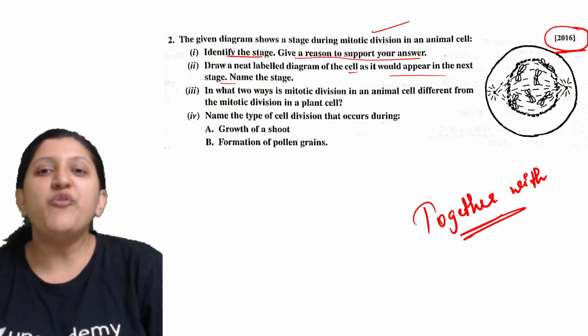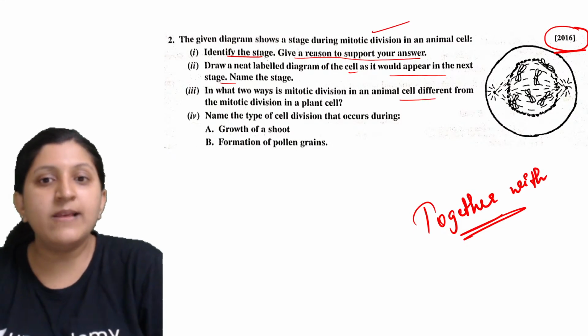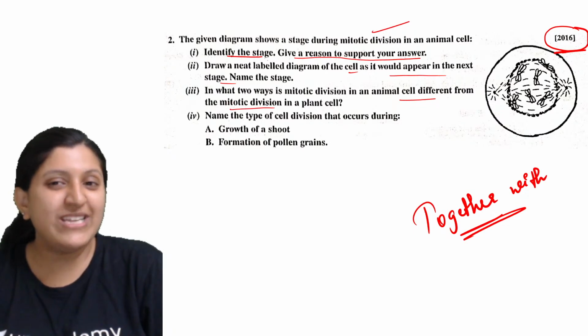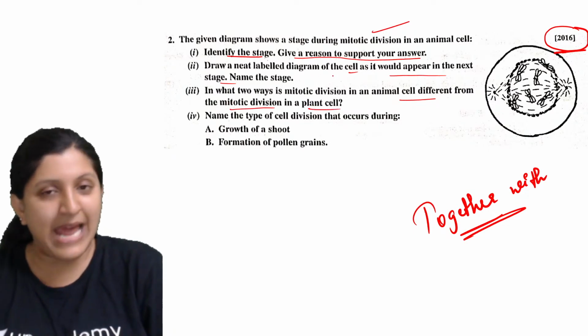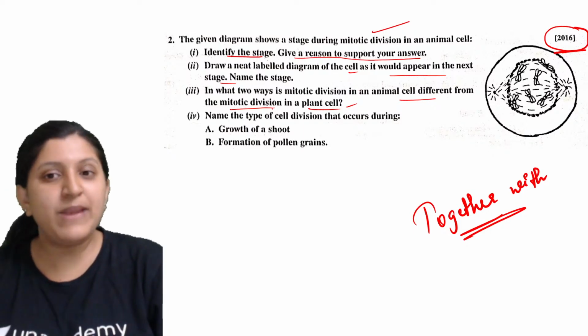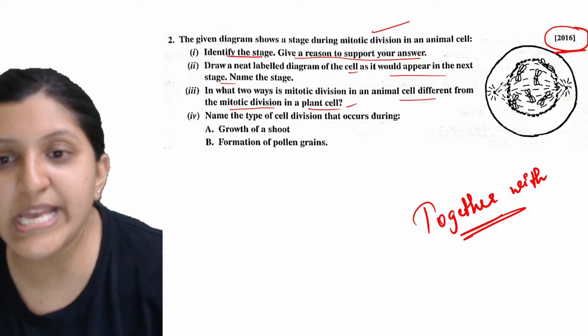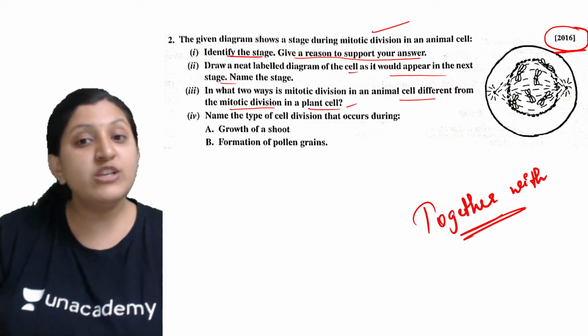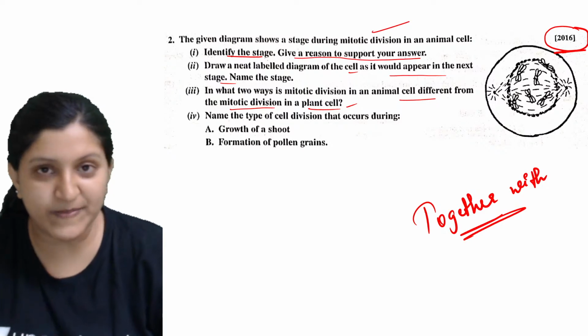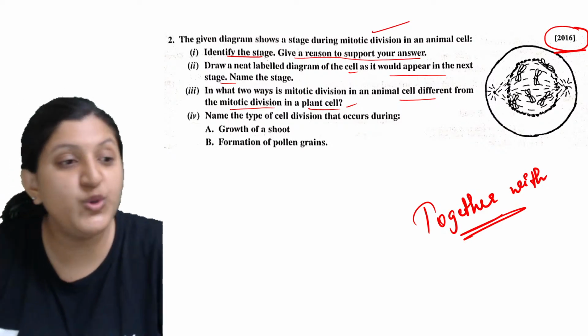In what two ways is mitotic division in an animal cell different from the mitotic division in a plant cell? So that is asked. Now name the type of cell division that occurs during the growth of a shoot, and formation of the pollen grains.